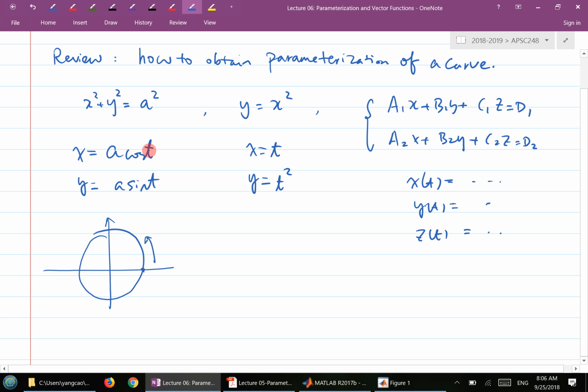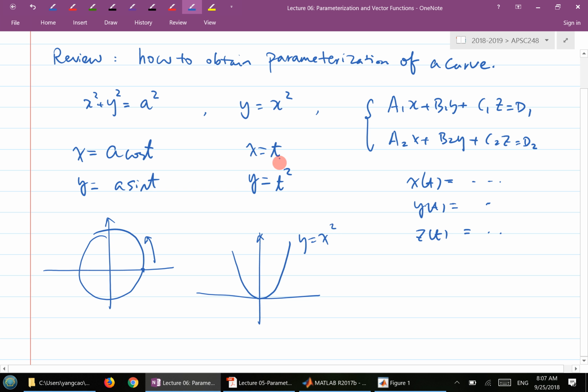If I change the coefficient of t to different ones, instead of 1 to 2 or 3, there will be a different speed. If I change the signs, it will change the moving direction. That's the idea here. Even this x equal to t, y equal to t squared for y equal to x squared, this is a parabola curve. There's nothing strange about it.